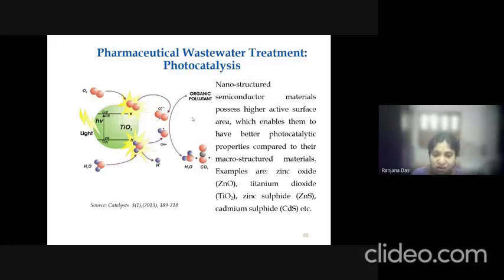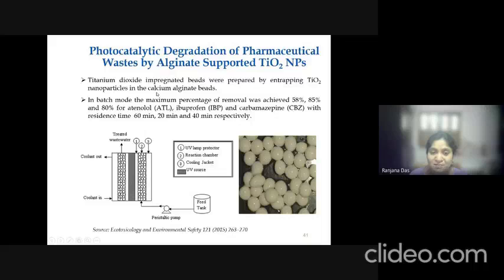That can also be designed by incorporating in the membrane or immobilizing on some support. That can also be done in the case of the photocatalyst. This is the picture from our laboratory. In our lab, we have worked on pharmaceutical waste.